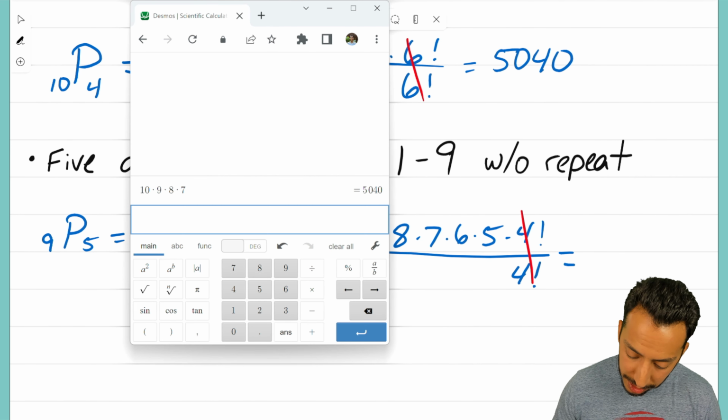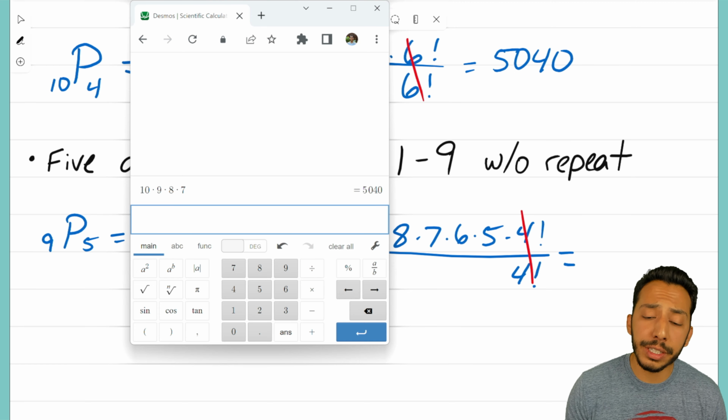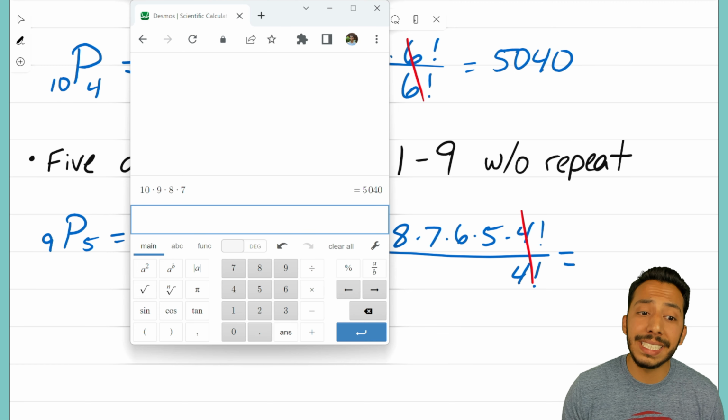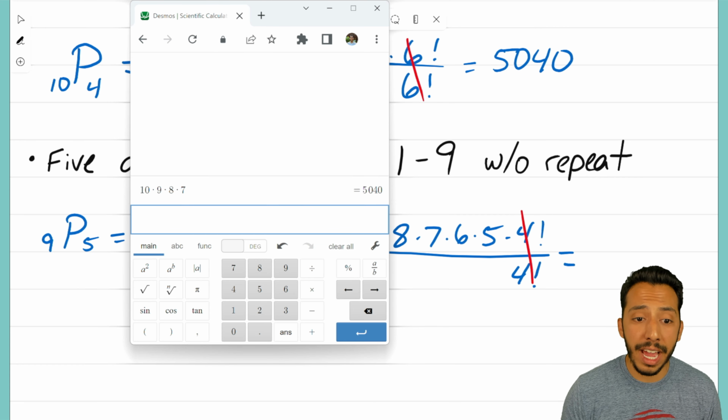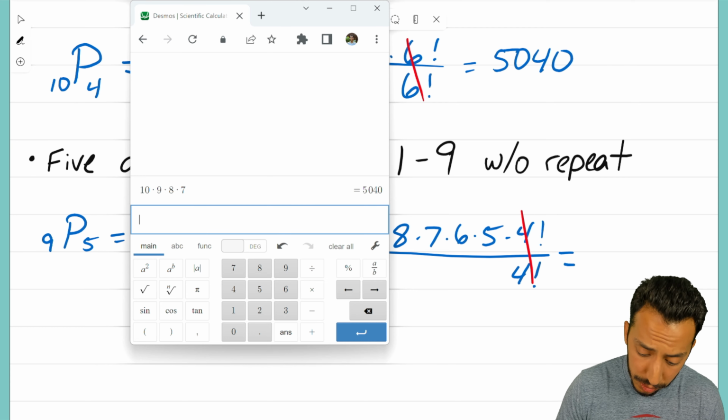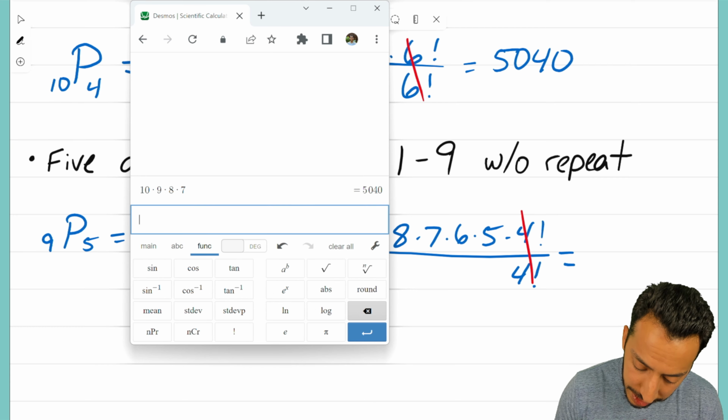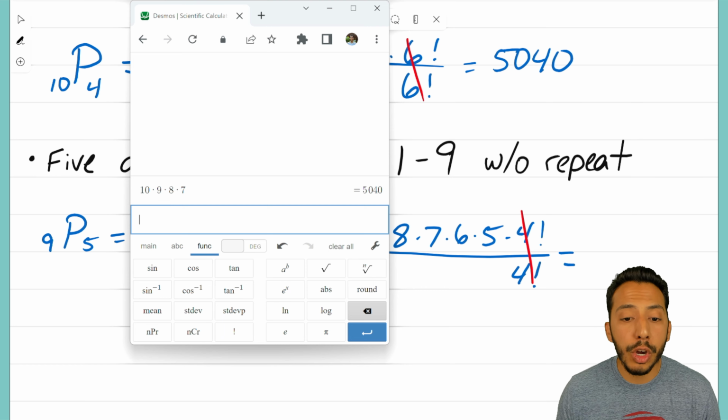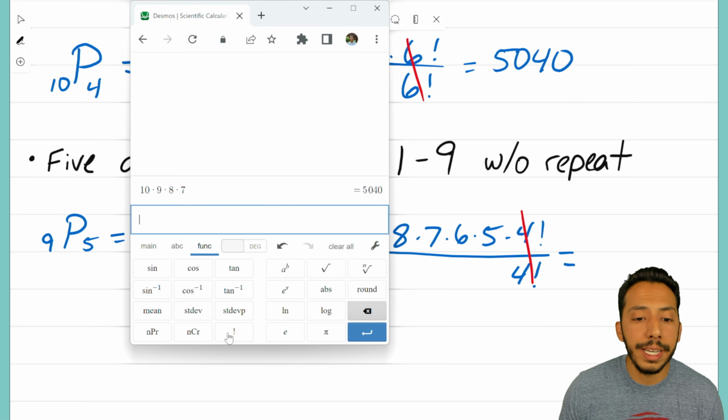But what might be nice for you to understand is that your calculators actually have a way to handle factorials. If you're using this Desmos online calculator or your graphing calculator at home, you can also use factorials on there. But we got to find it. You got to go over here to the function tab. When I go over to the function tab, I see, look, right here, there is an exclamation point there.